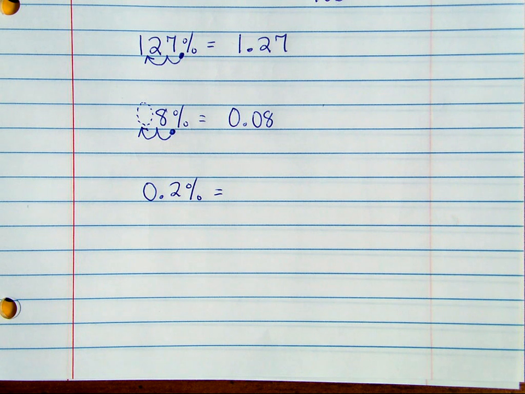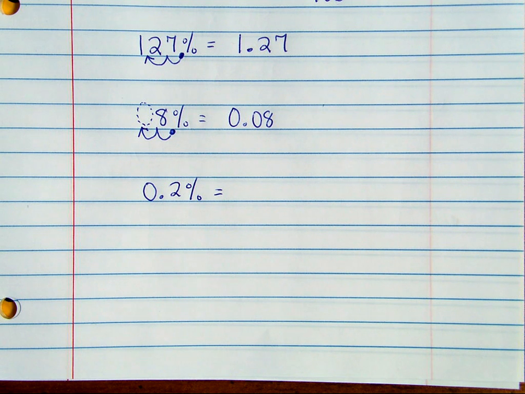Now, all of these other examples, if you notice, we did not have a decimal present. So we took the decimal and substituted it for the percentage. But in our fourth example, you were given a decimal.